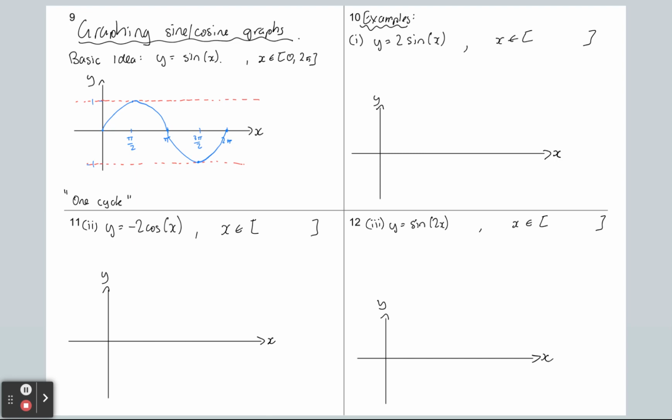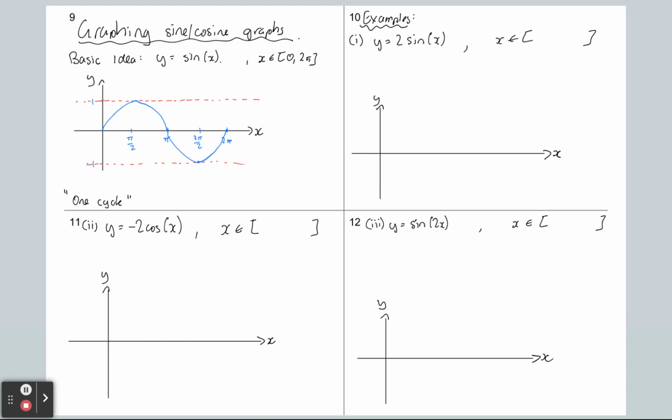Now, in this instance, for every single time here, I'm going to assume that the instruction was to graph the equation for one cycle. And you kind of get to choose the cycle yourself if it says that. So one cycle for your basic graph is going to be 2 pi. Now, I haven't done any period changes for part 1 here, so it's still going to be a length of 2 pi.